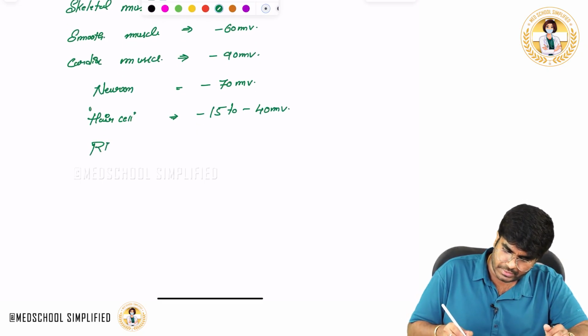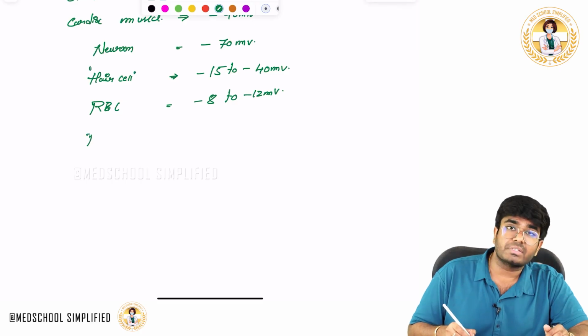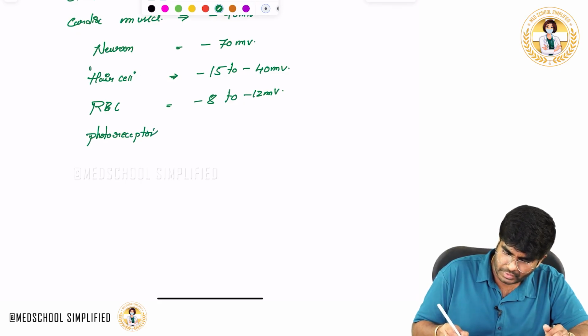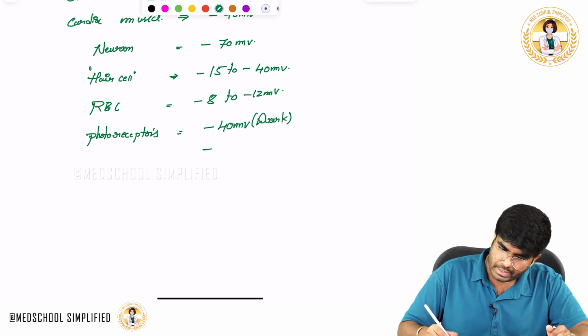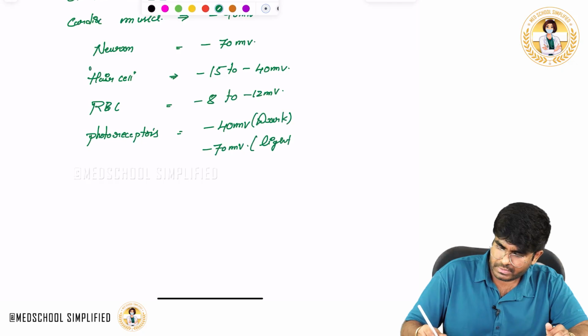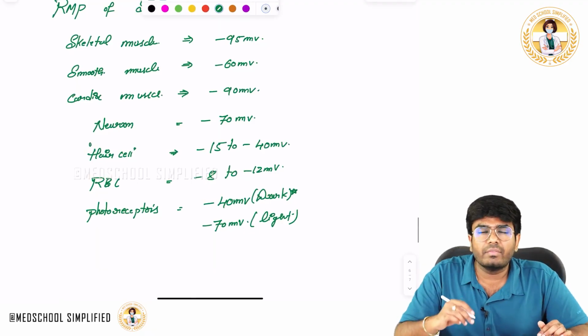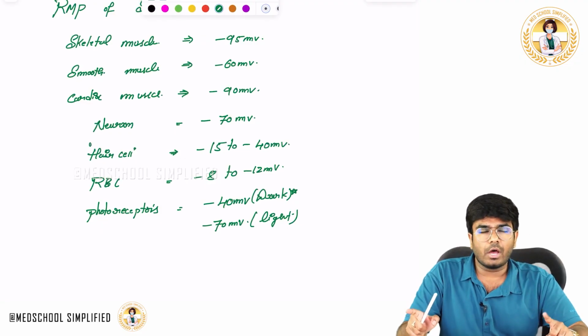Next, your RBC: -8 to -12 millivolts, and your photoreceptor cells, rods and cones: -40 millivolts during the dark state, during night, and -70 millivolts during the light state. So these are the resting membrane potentials of different cells, and again I am telling you, resting membrane potential is dependent on all the ions, all the leaky channels.